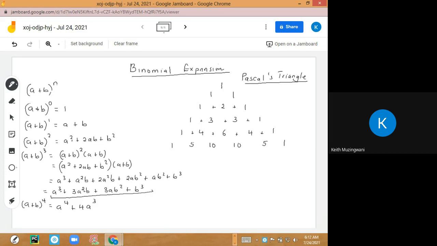It has lost 1 power so that B can appear. Plus, we have 6 A2 B2 plus 4. A will now have power 1 as B goes to power 3, and then we'll have B to power 4. So in the first term, we'll have B power 0. The last term, we'll have A power 0.